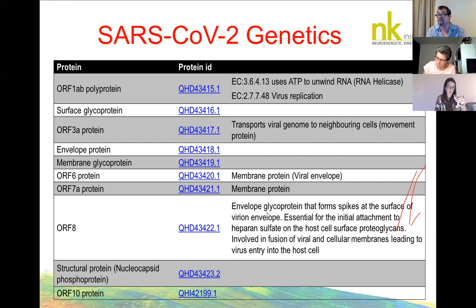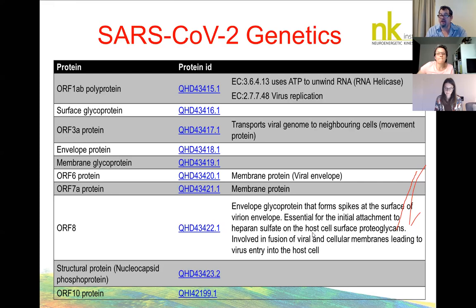Down here you've got the spike protein, and this is the one I was showing you before, in pink. And what that does is it binds to the surface proteoglycans, which have heparan sulfate on them.